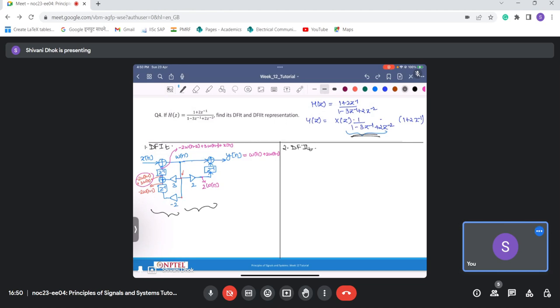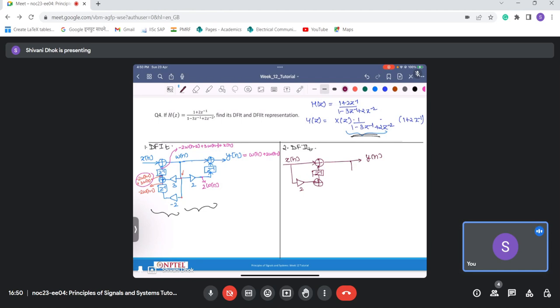So let's do it. My xn goes here. So this is xn, then I have a gain block of 2 units and a delay block, something like this. And then I have yn here.